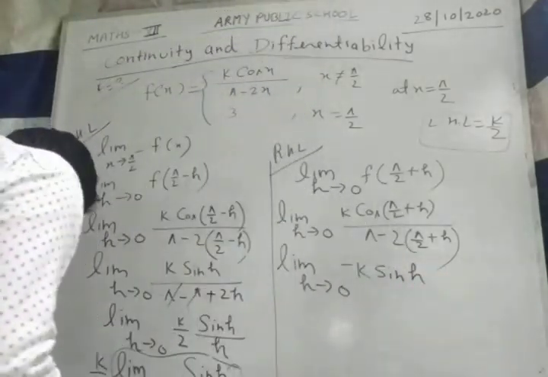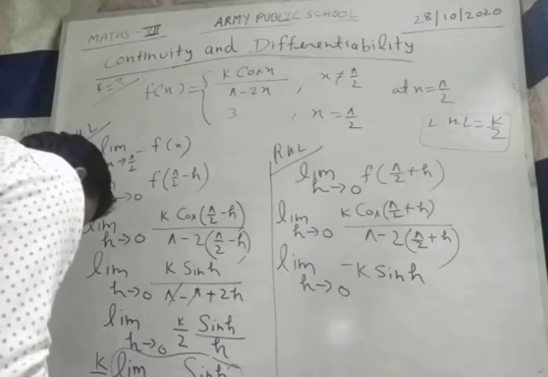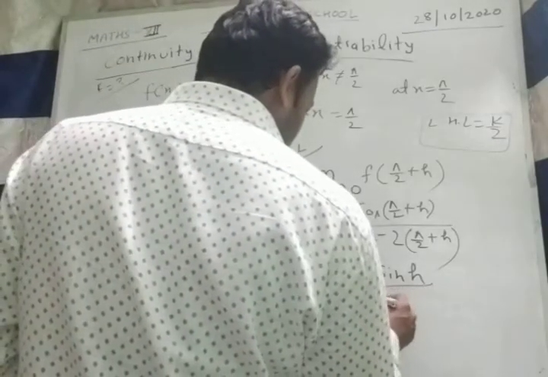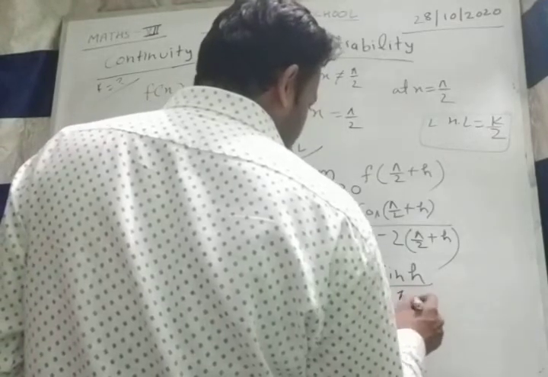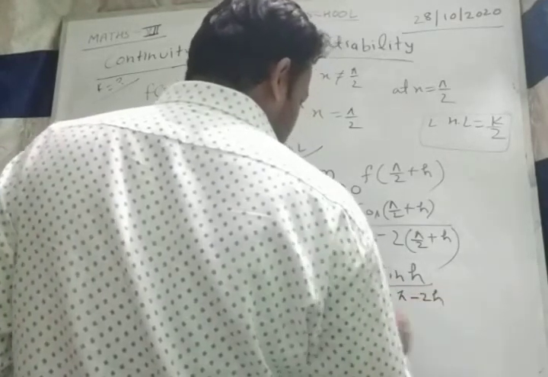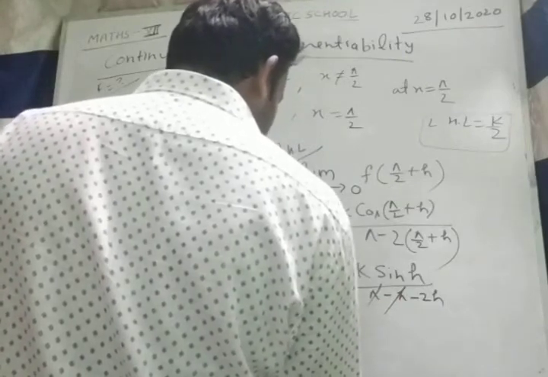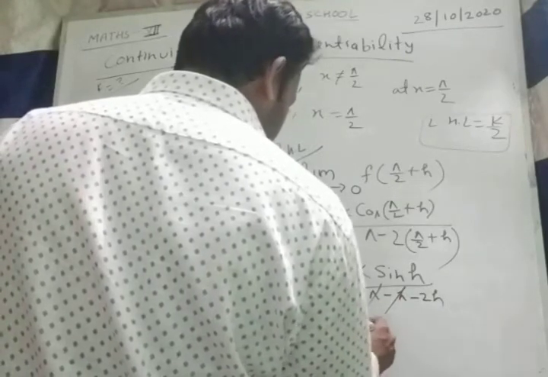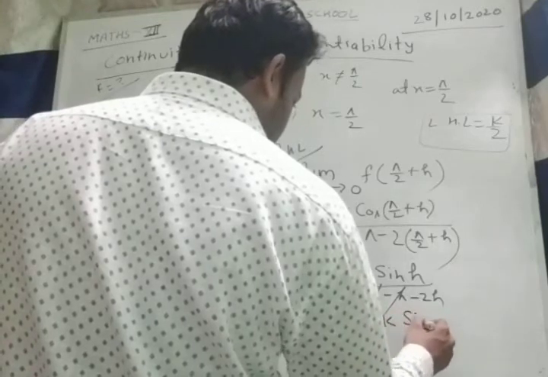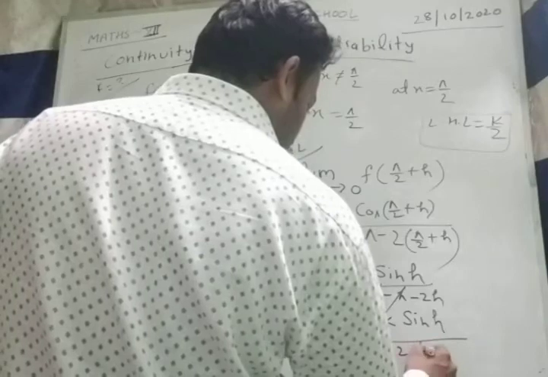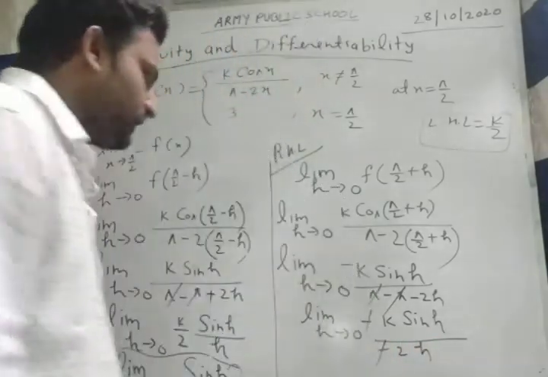Okay. Now we write pi minus 2h... so it will be cancelled. Now limit h tends to 0, we write minus k sin h by minus 2h, so minus and minus will cancel.